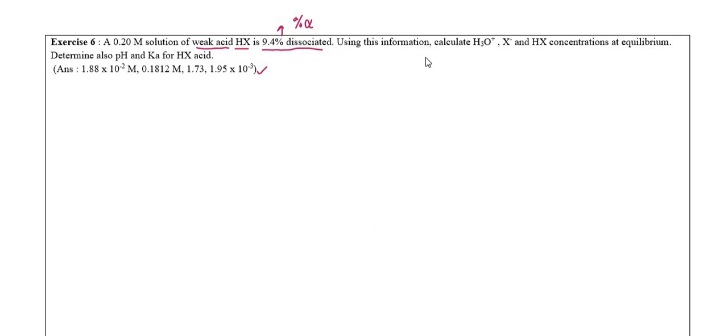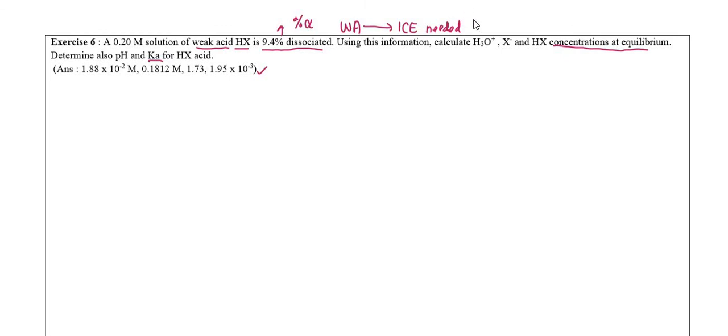Kalau kita baca soalan, dia tanya concentration at equilibrium and Ka. That means perlu tak ice table? Yes, confirm ice table needed. Why? Because yang pertama dia merujuk kepada weak acid stated here.